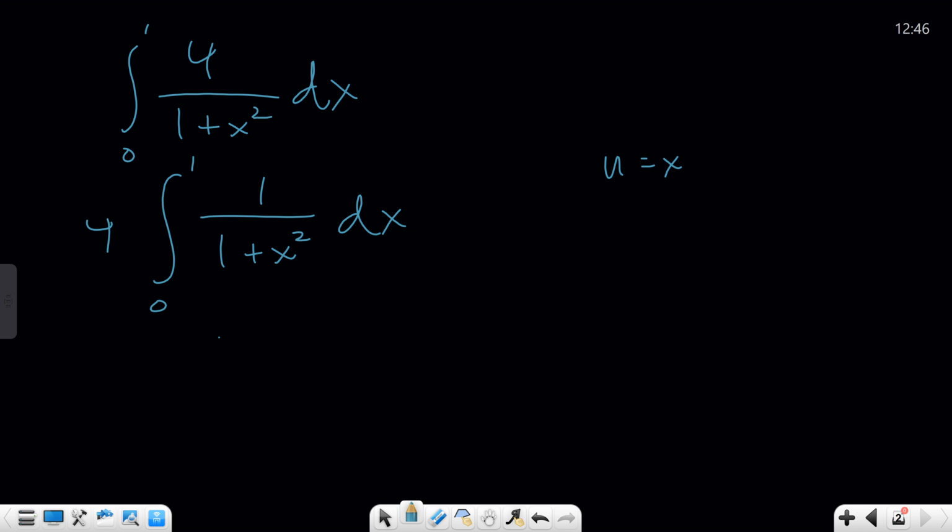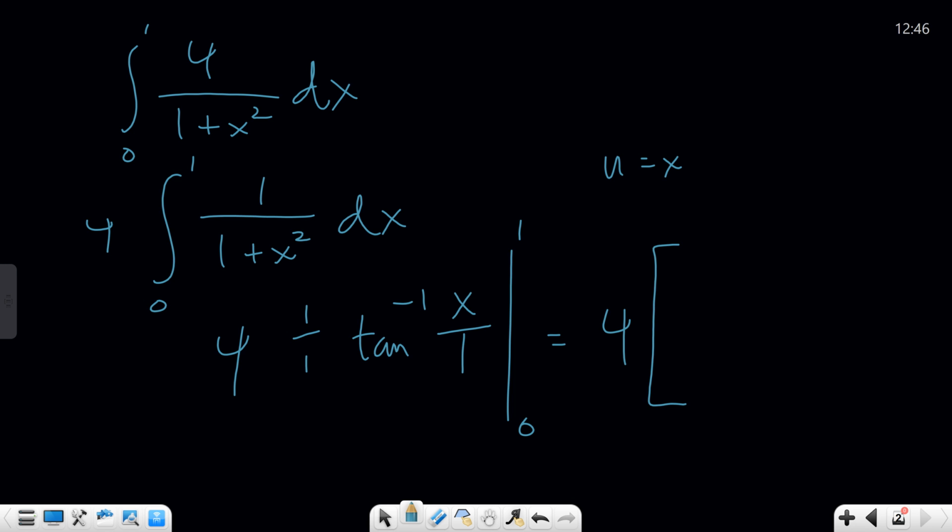Okay. 4 times what? 1/1. Inverse tangent, x over 1. Yeah, it's a definite integral. Are you going to write 1/1? Probably not. Are you going to write x over 1? Probably not. Okay, you're all bright enough to see that that's not going to be the case.